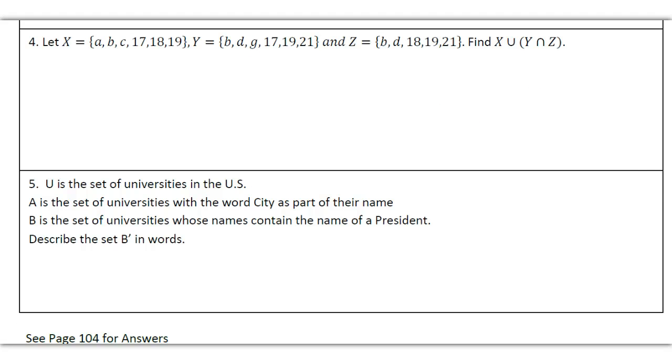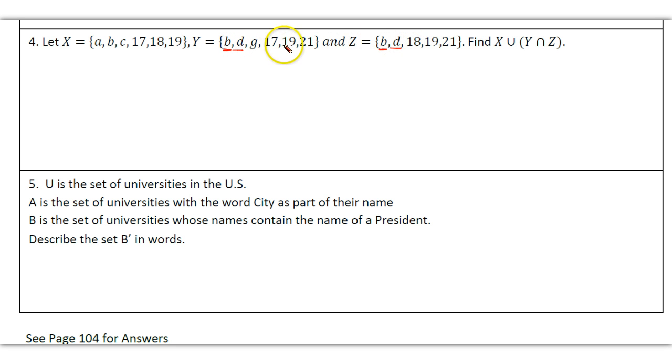Again, we're looking for strategy. So as we looked at what we are charged with here, we want to have the intersection in parentheses here of Y and Z. So there's Y. Well, the intersection, we have a B in both. We have a D in both.